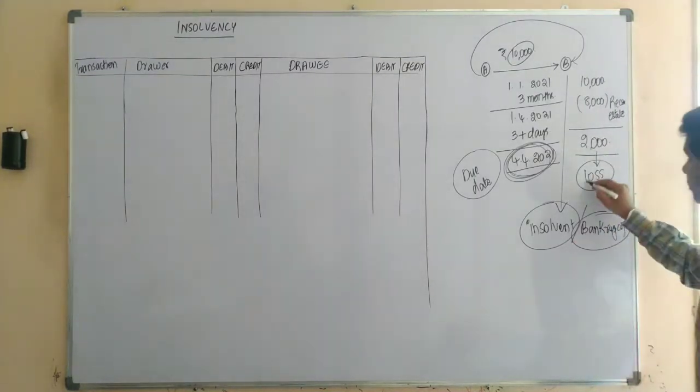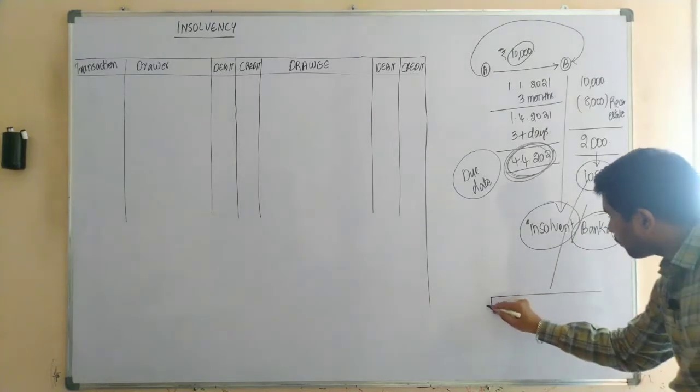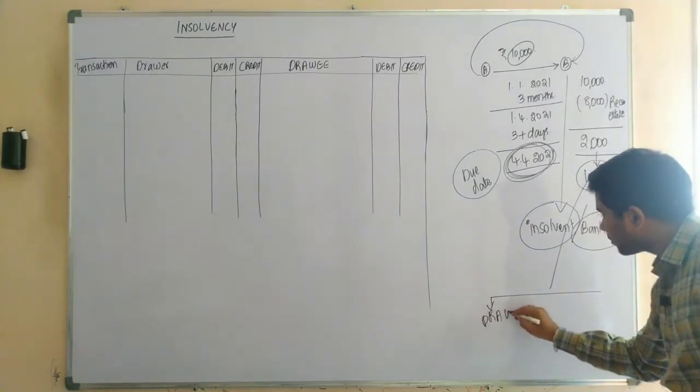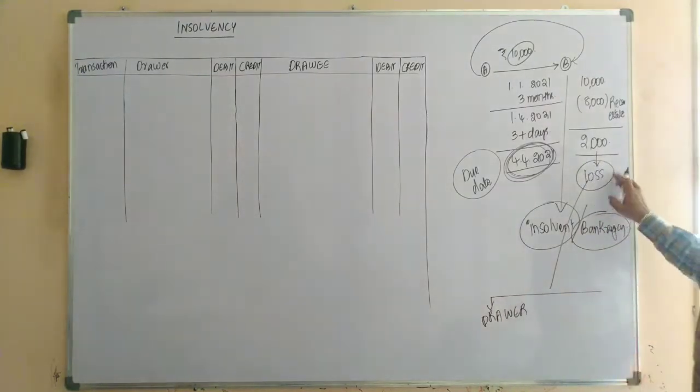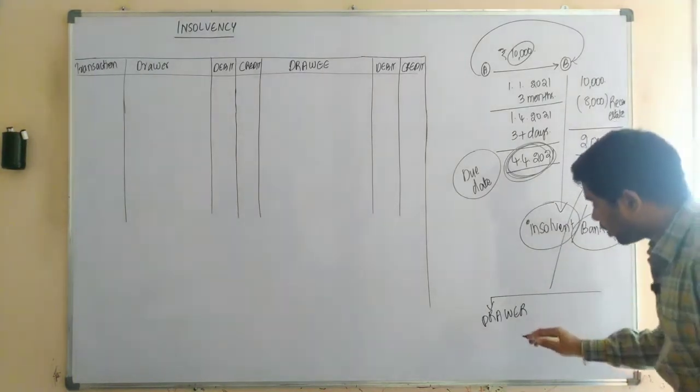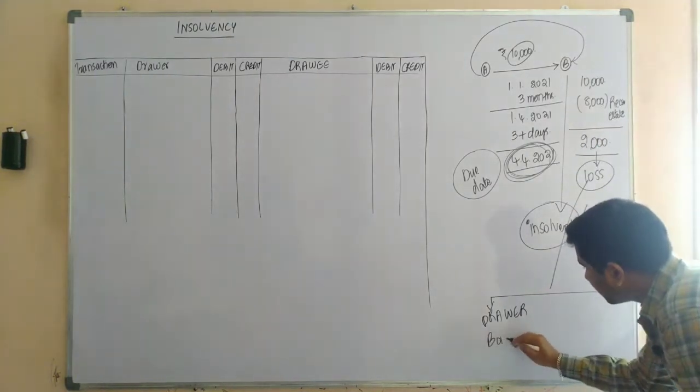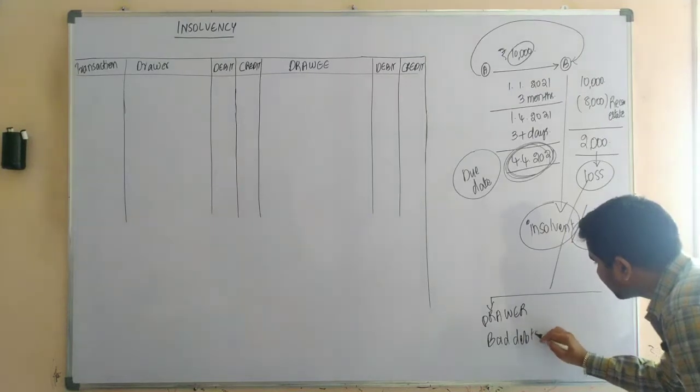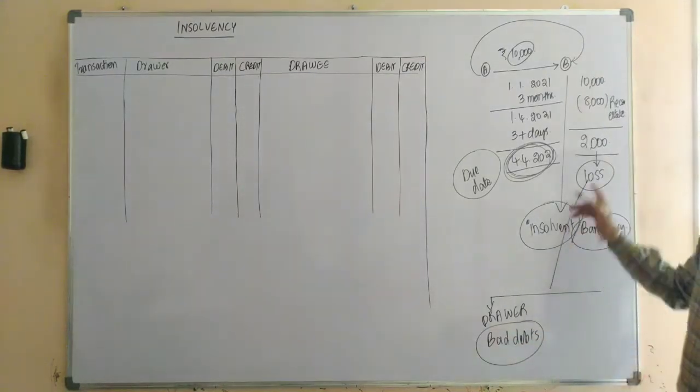This 2,000 rupees from the point of view of a drawer is called bad debts, a loss.